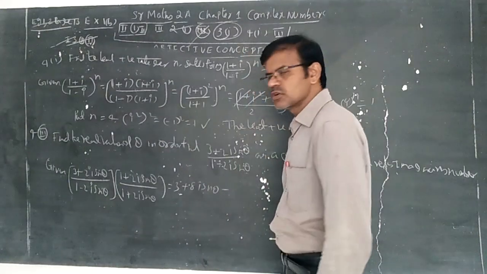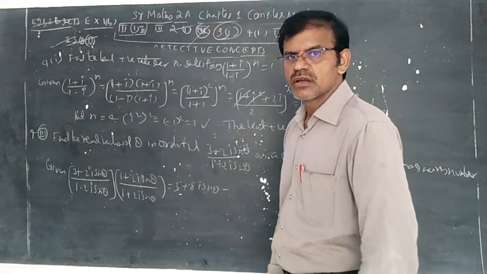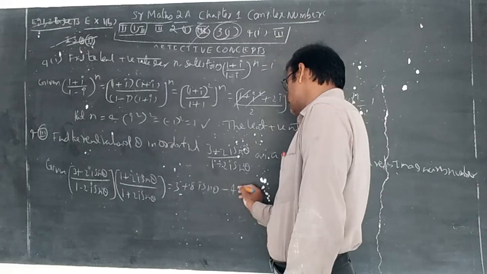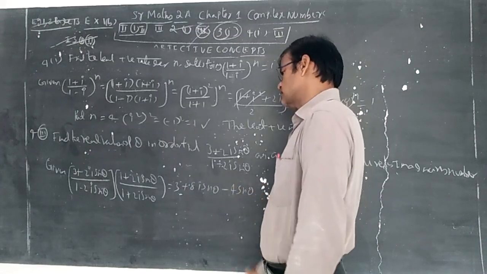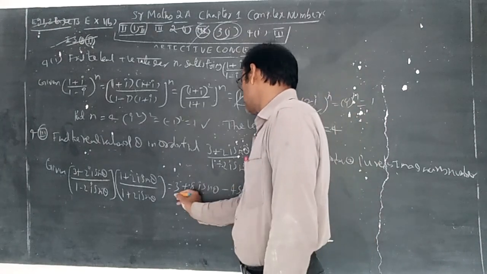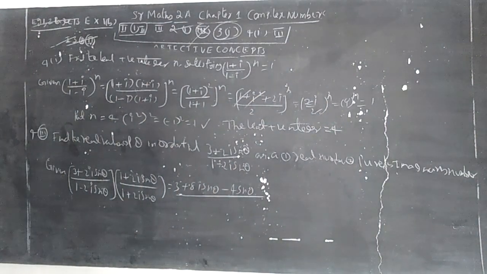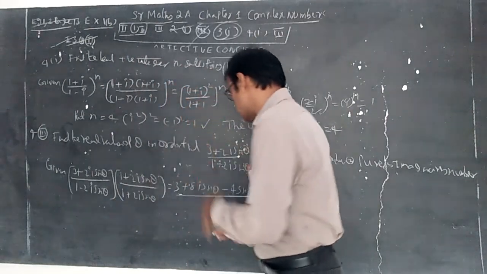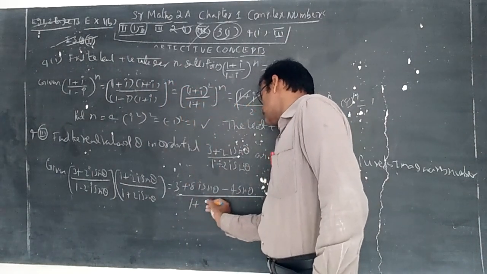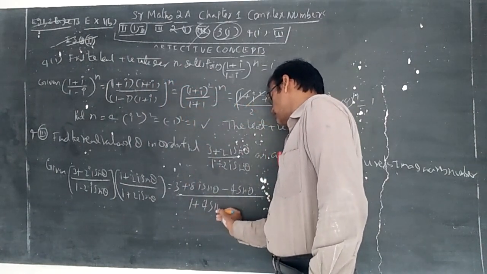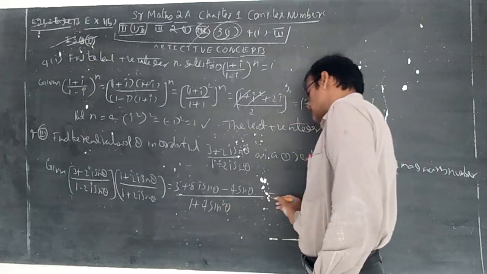Plus 2i into 2i is 4i square sin square theta, and 4i square means minus 4 sin square theta. Whole by the denominator, using (a plus ib)(a minus ib), which gives 1 plus 4 sin square theta.